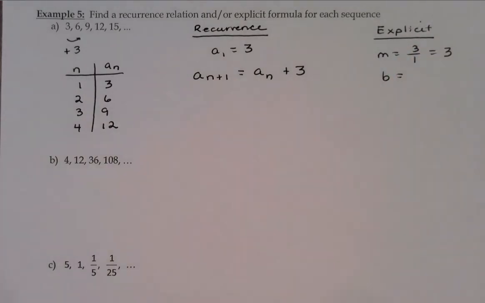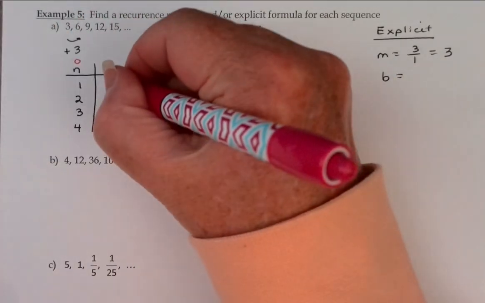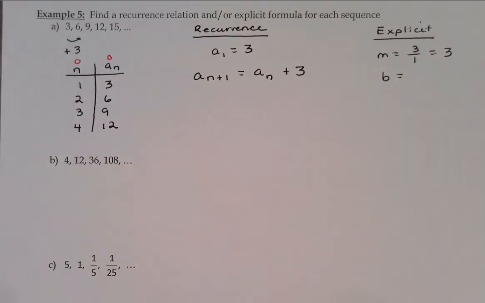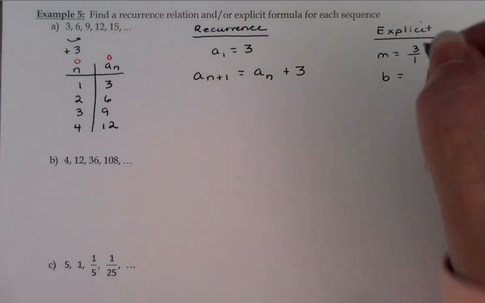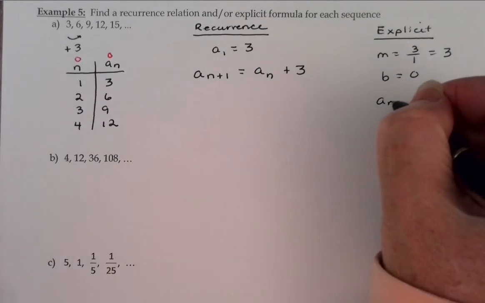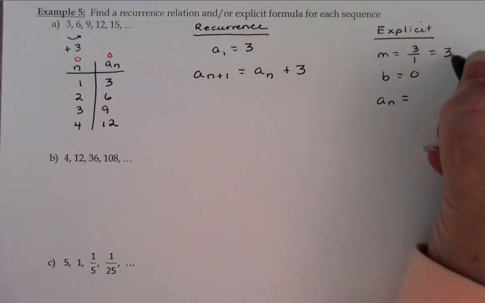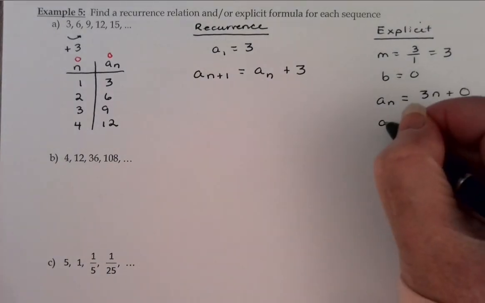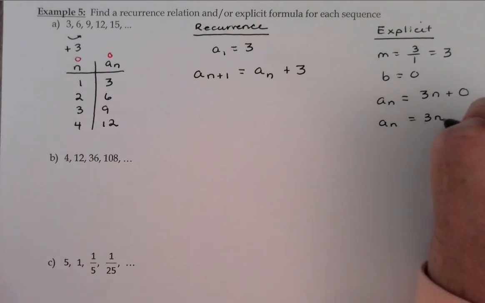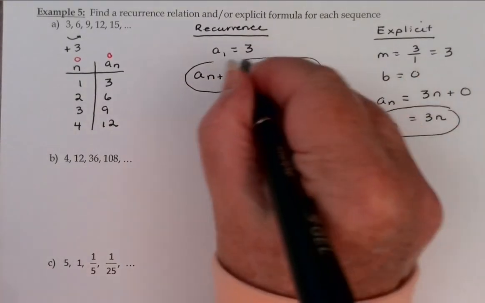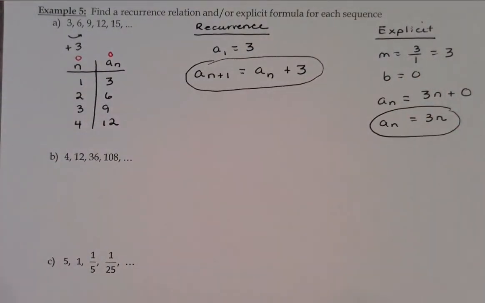For the y-intercept, maybe the easiest way is just to use this little pattern to predict backwards. If n were 0, I'd have to subtract to go backwards, so subtracting 3 would give me 0 as well. So b is 0. And my an is just 3 times n plus 0, or just 3n. So there's both a recurrence formula and also an explicit formula.